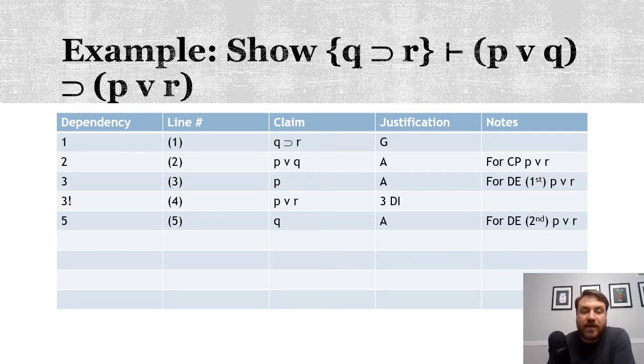On the next line, line 5, you assume Q, and you note why you're doing it. You're assuming that this is the second part of our disjunction elimination. We assumed the first part of our disjunction and got the thing we wanted. Now we're assuming the second part, and we also need the thing we want, P wedge R. Okay, you have to get the same thing.